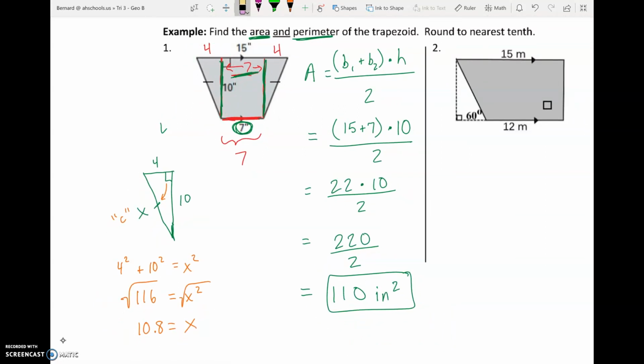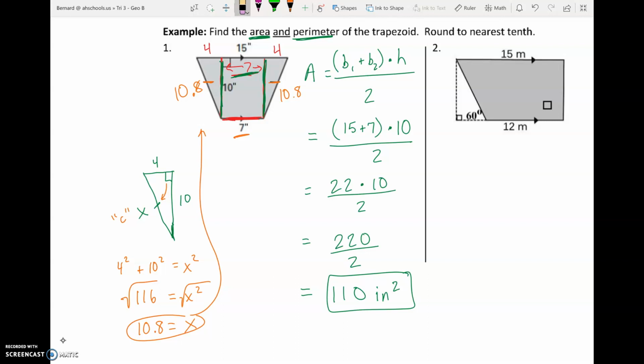And so I want to come back up to our original picture here, clean it up a little bit. Remember, all the work I just did was me figuring out that that side there is 10.8, right? But then secondly, I know because of this tick mark and this tick mark, both sides are the same, so this has to be 10.8 as well. And then I already knew this bottom base was 7.